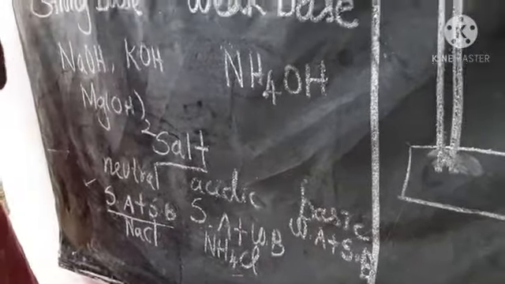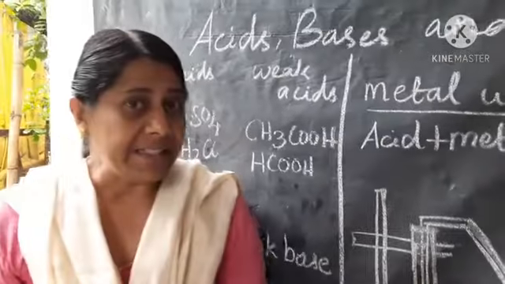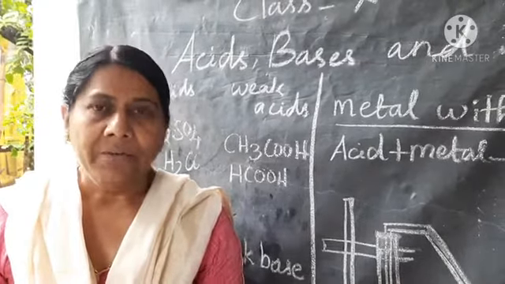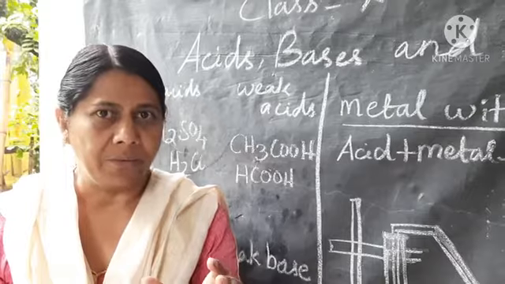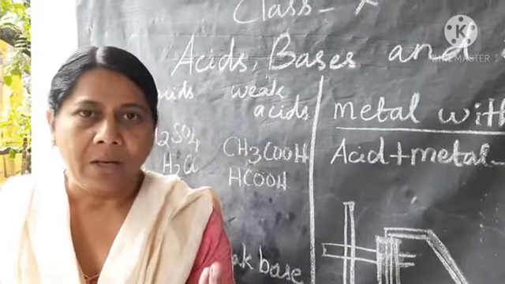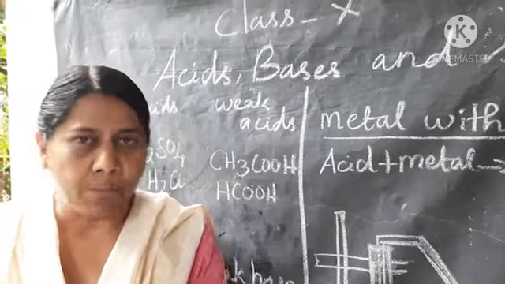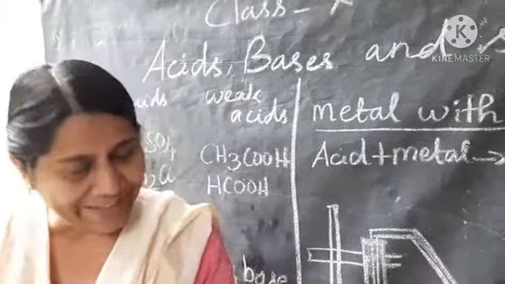Okay, now let us see the properties of acid, base and salt. Physical properties means how they appear when we see them. One, acid, base and salt are soluble in water. They are good conductors of electricity.